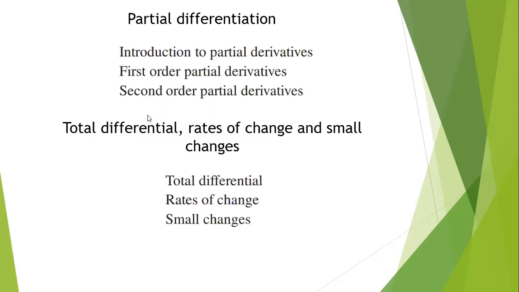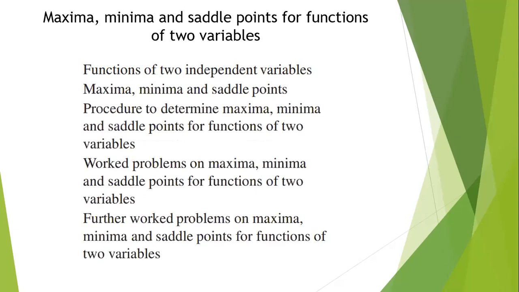We'll look at partial differentiation, then total differentiation, and then the rate of change and small changes under total differentiation. Then we'll discuss the maxima, minima, and saddle points for functions of two variables, which I believe you have at least some knowledge about, so it will not be difficult for you to understand this topic.